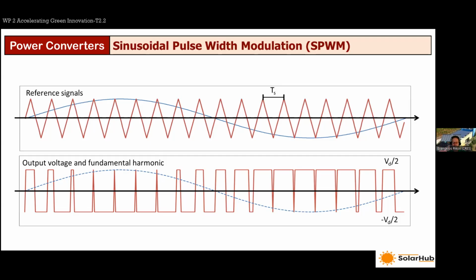And this means that you can easily filter them out. Sometimes even the load itself can filter them out. If it's a motor, let's say an induction motor, the inductor leads to filtering out of the current itself. But you can use some extra filters, of course, if you want to improve the harmonic content.